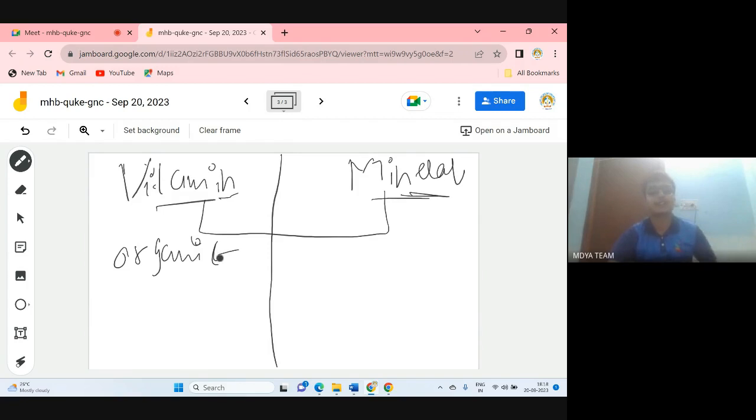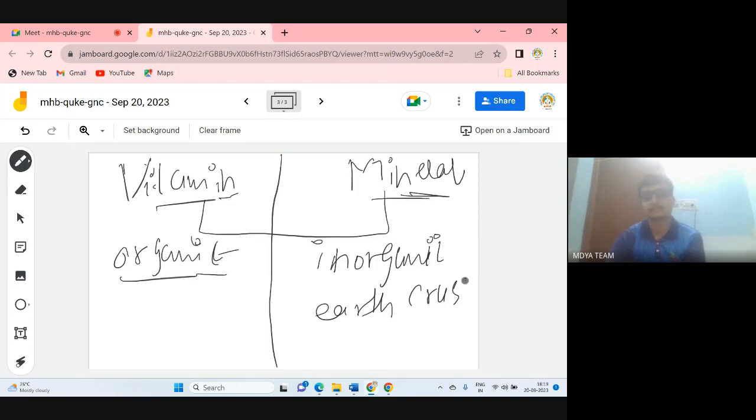They have different functions. So all the remaining substances which come under organic are placed under vitamin, and all the remaining substances which come under inorganic, meaning these can be extracted from the earth crust, are placed under minerals.